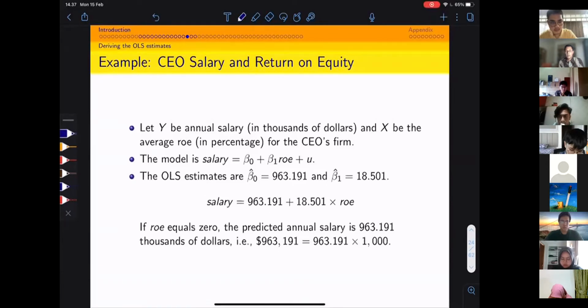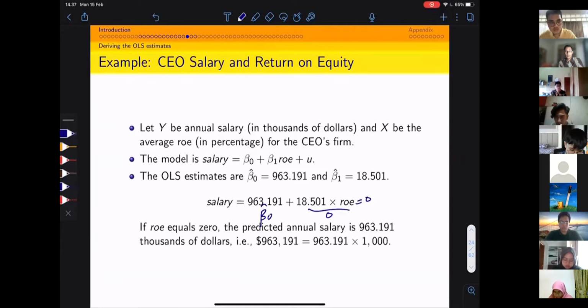Now what do we mean by beta 0 hat? Suppose that ROE is equal to 0. If ROE is equal to 0, then this term is 0. So it means that on average, the average salary for firms with 0 ROE is going to be $963,000.